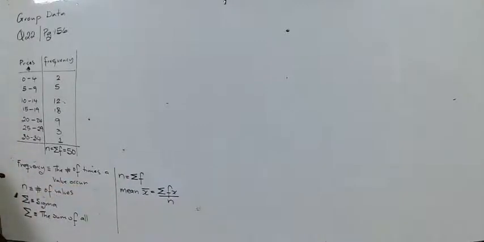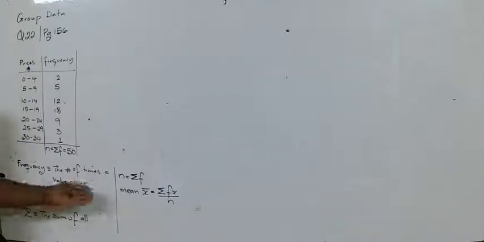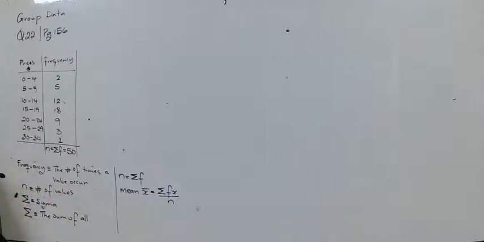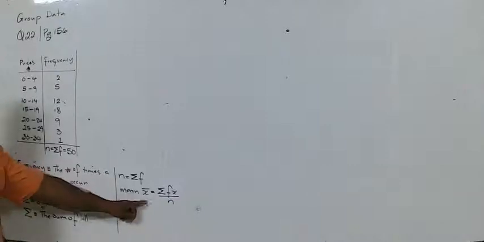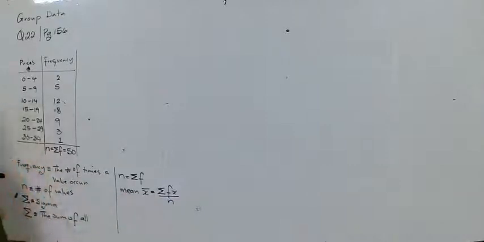How do you calculate average? Average is the sum of all values divided by the number of values. So in group data, if we're asked to find the mean, X bar is the sum of Fx divided by N.